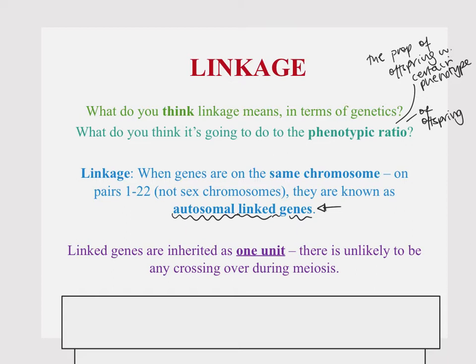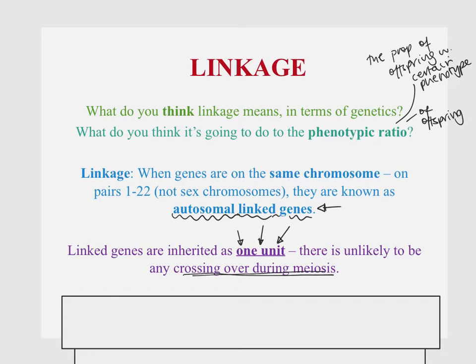So if one of you got invited to a party, the other one's likely to come anyway, and there's unlikely to be any form of crossing over, any form of breaking during any stage of the party, maybe any stage during meiosis if we go back to thinking about the genes. So genes on the same chromosome are likely to be inherited as one unit if they are linked.